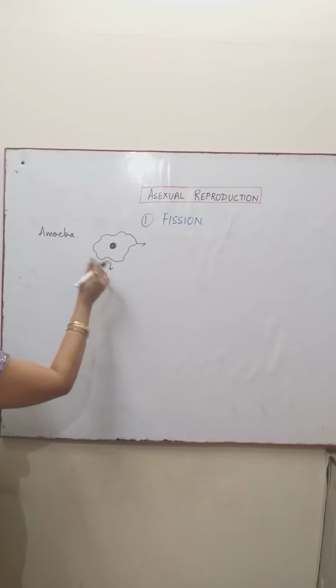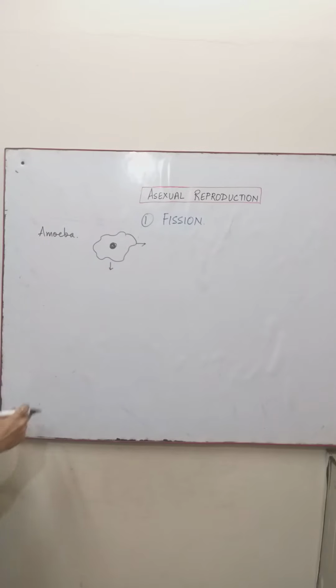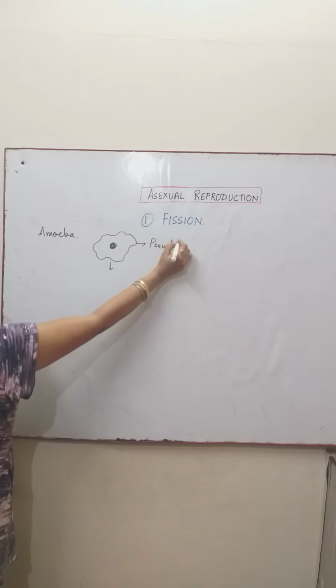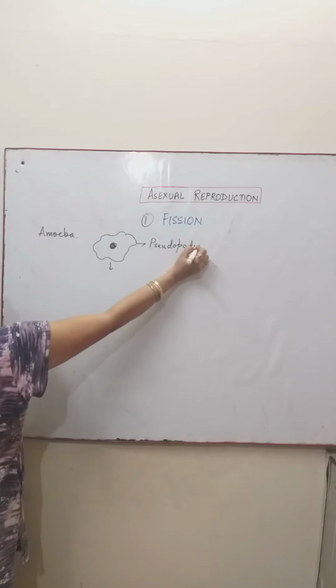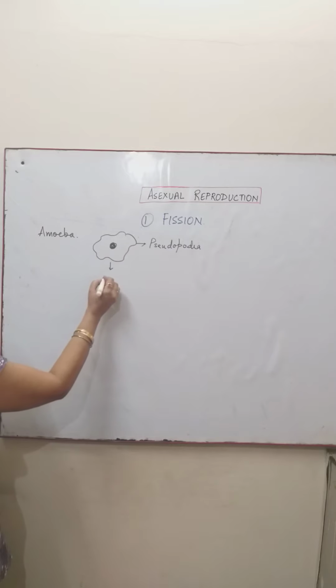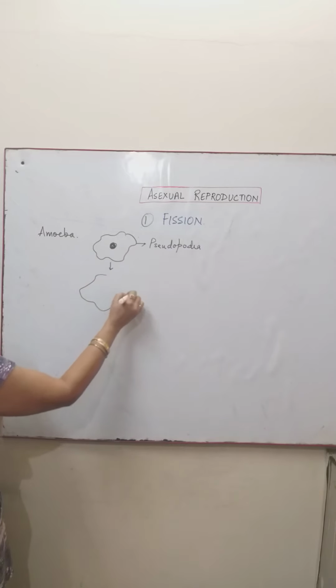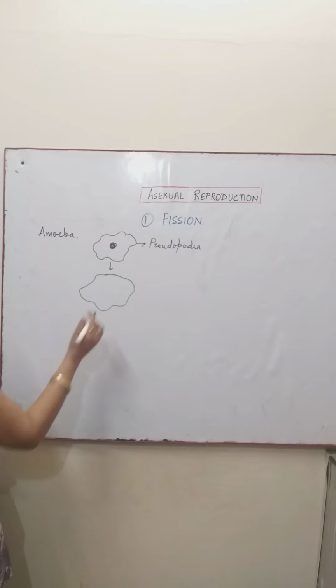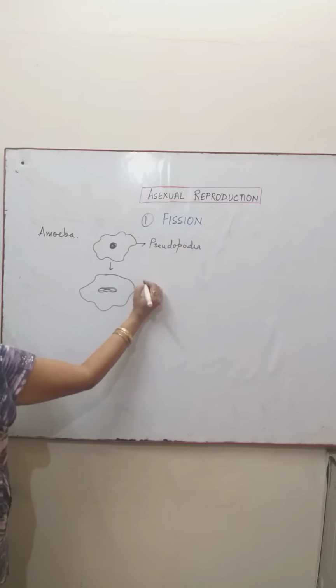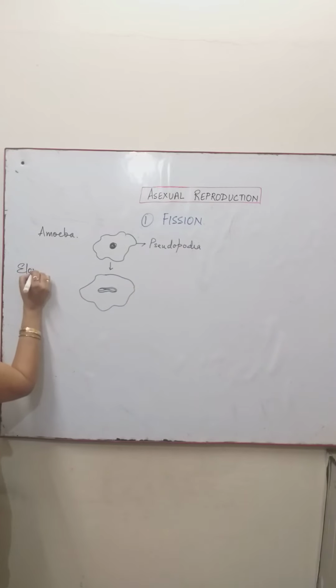Now, when the cell becomes mature, it has to divide. So after maturation, the cell body will remain as such, whereas the nucleus will tend to elongate. So the first step is elongation of the nucleus.